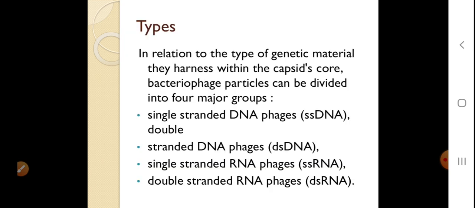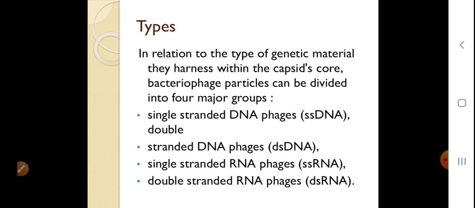Now, based upon the genetic material which they harbor, that is, what type of genetic material is found within the capsid, we classify them into four major groups. That is, single stranded DNA phages, double stranded DNA phages, single stranded RNA phages, and double stranded RNA phages.